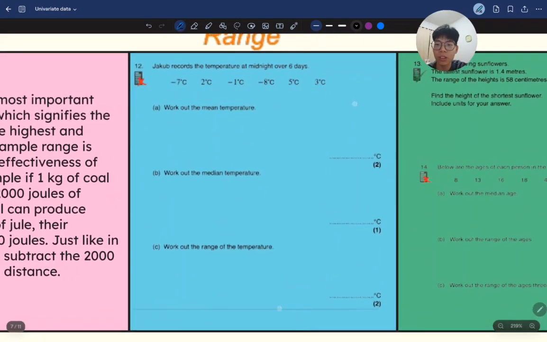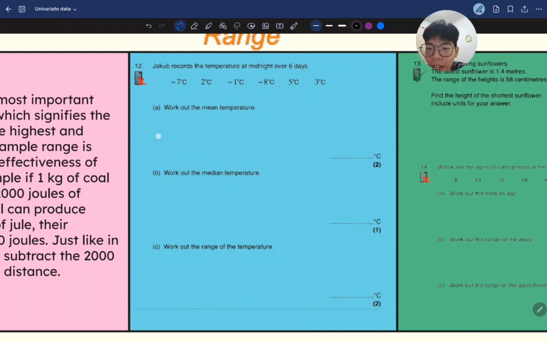So let's try to solve some questions here. Jacob records the temperature at midnight over 6 days: -7 degrees Celsius, -2 degrees Celsius, -1 degree Celsius, -8 degrees Celsius, 5 degrees Celsius, and 3 degrees Celsius. Work out the mean temperature.